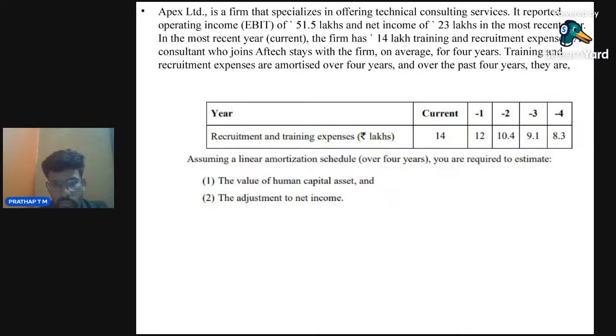But you can add the total value. So 9,95,000 is the total human resource for the current year.